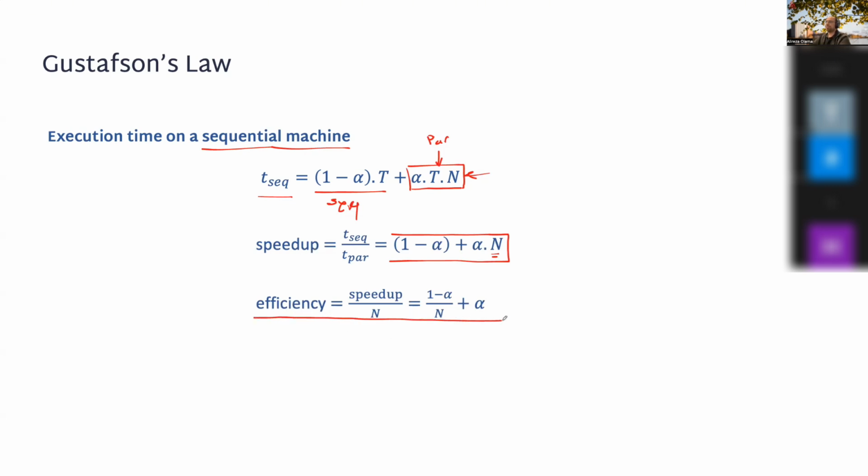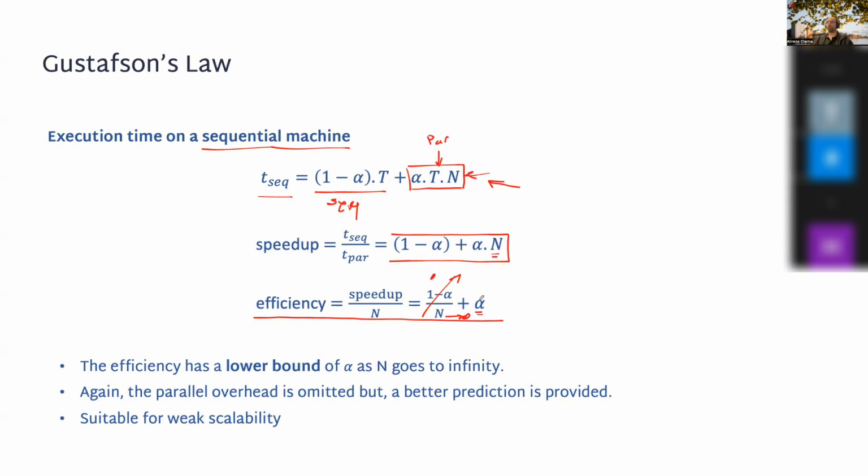Here is the efficiency based on this observation, which is (1 minus alpha) divided by n plus alpha. If n goes to infinity, the first term goes to 0, and the efficiency will be lower bounded by alpha. So we don't have efficiency smaller than the parallel portion of our algorithm, which is a very important and intuitive observation.